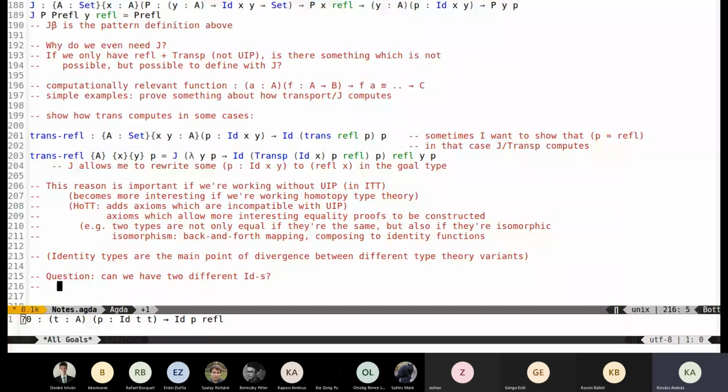Likewise, if you have two booleans and the two booleans both support the elimination principle for Booleans, then you can just prove them to be isomorphic because it's defined by this universal elimination principle.